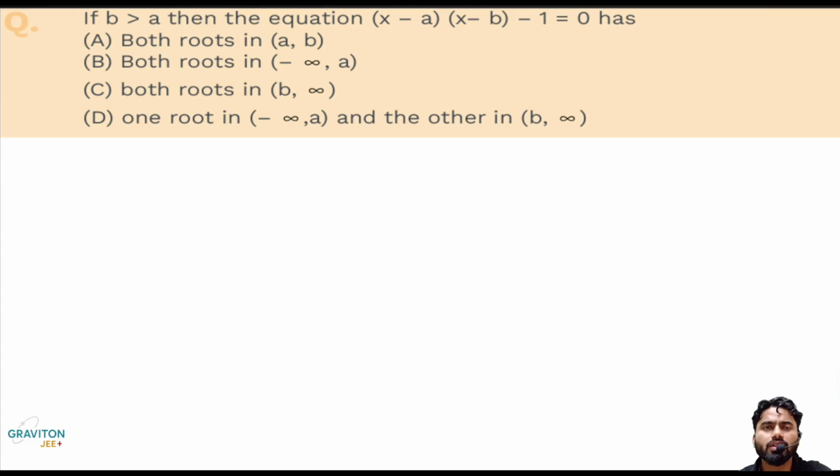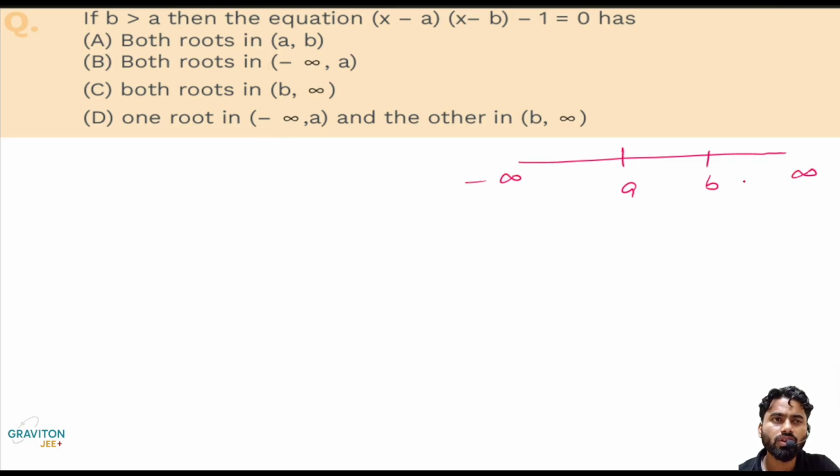So the next question is given: if b is greater than a. So already mentioned that b is greater than a. So if we draw the real line, a will be here, b will be here. Then the equation has a root between a and b, minus infinity to a, or b to infinity.